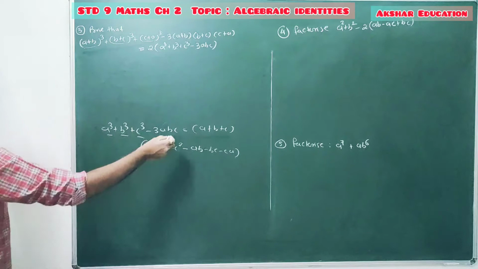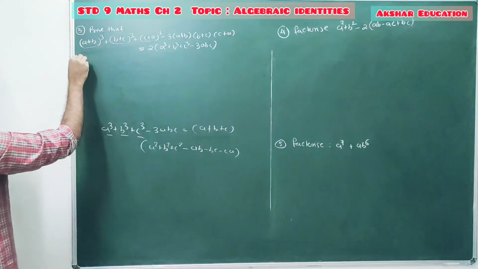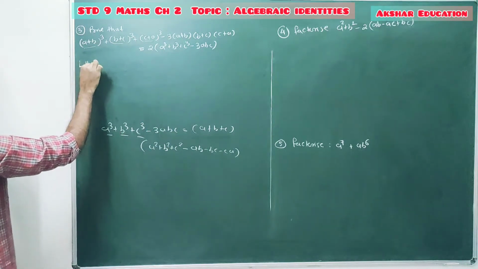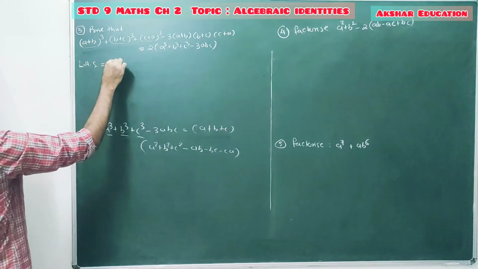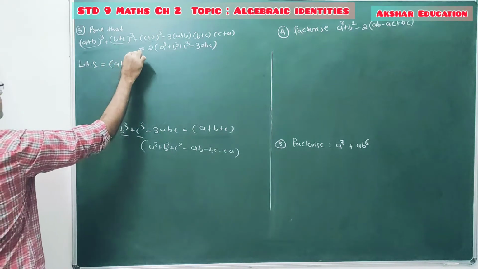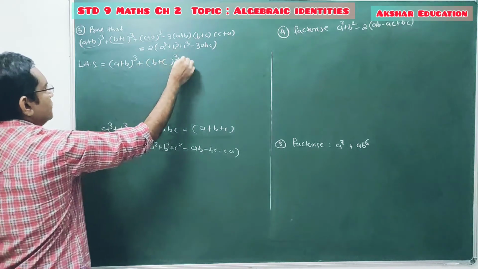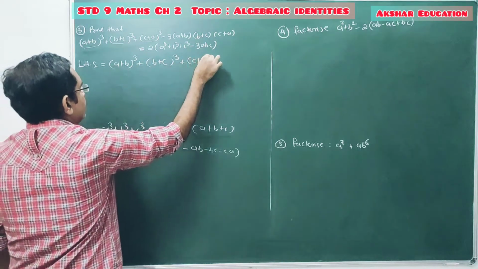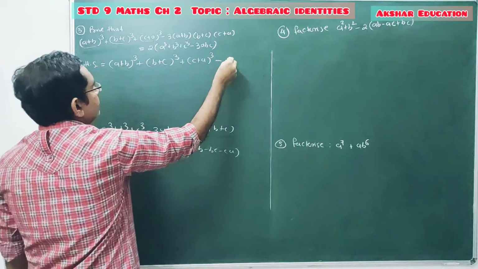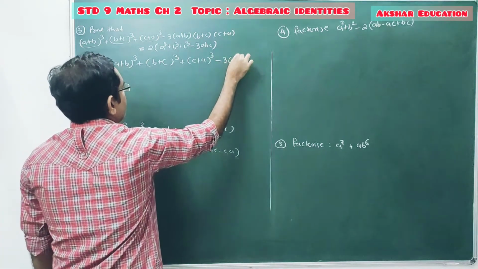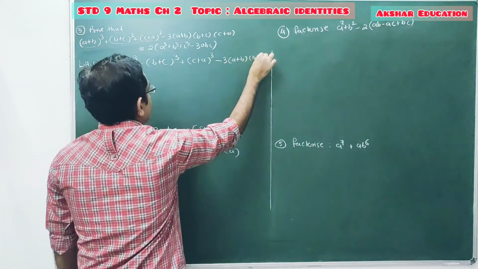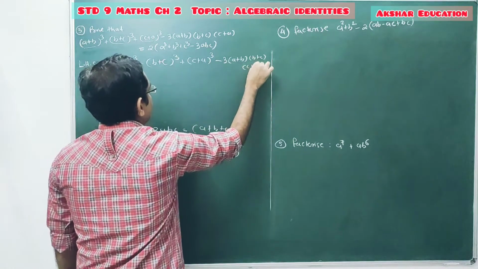Clear? So first, we start with the left hand side. Given left hand side, the expression is (a plus b) cube, (b plus c) cube plus (c plus a) cube minus 3 into (a plus b), (b plus c) and (c plus a).